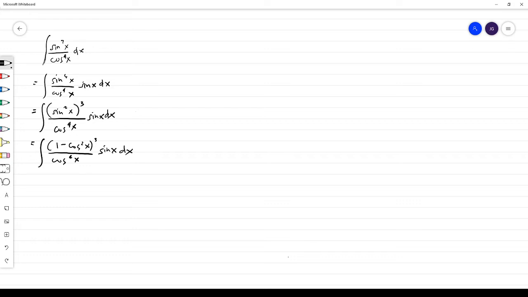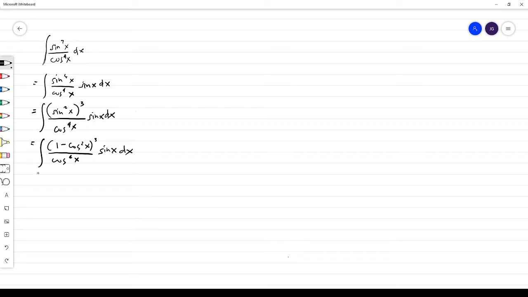Now at this point, we can say that our cos x is our u. So all we need to do is use the substitution method, where u is equal to cos x, and we are done.